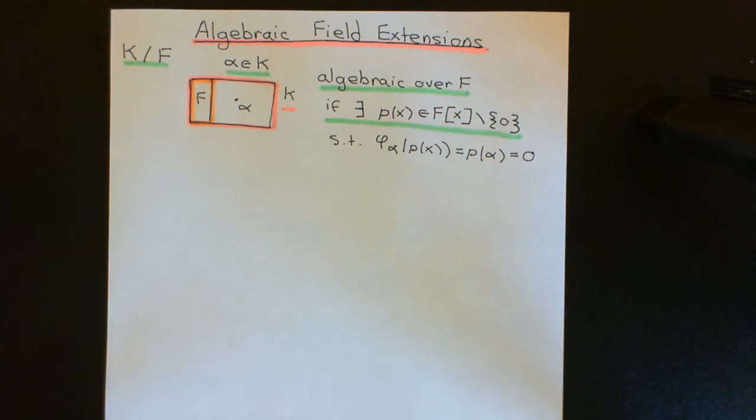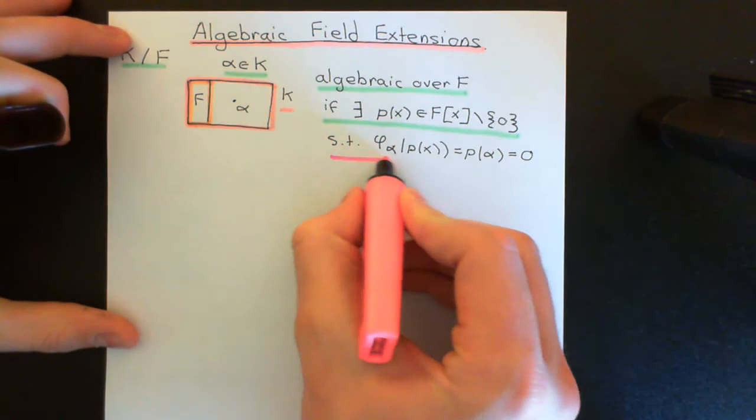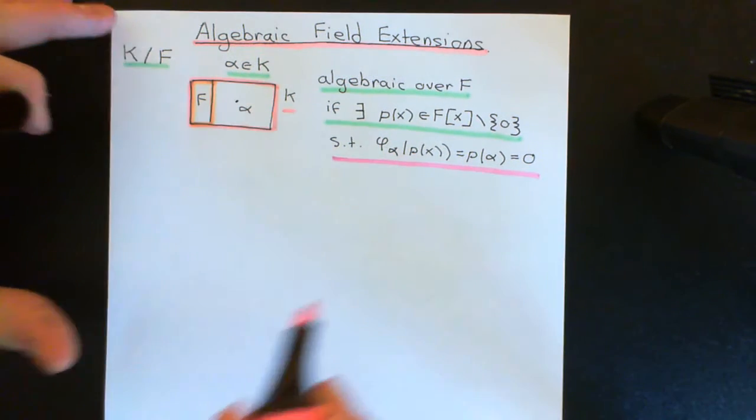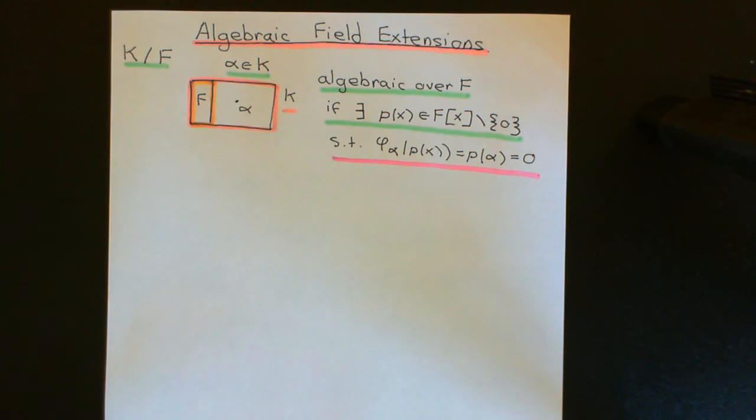So the evaluation homomorphism at alpha gives you 0 when applied to this non-zero polynomial.